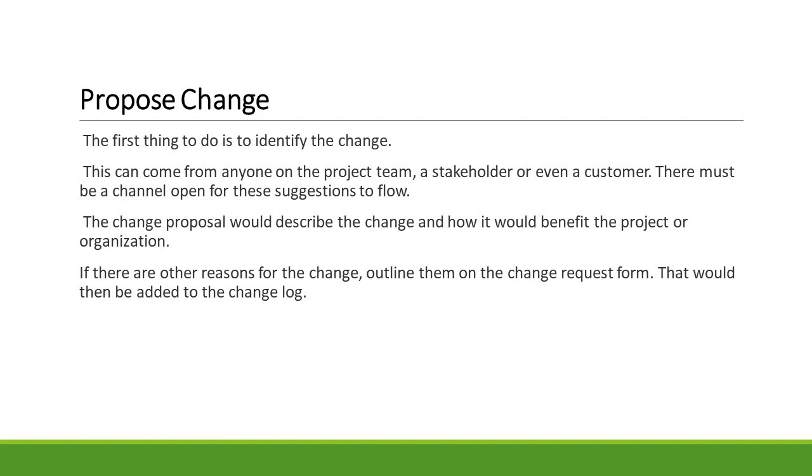3. Documentation. A detailed documentation of the proposed change request is created. This includes all relevant information, such as the reason for the change, the specific scope of alteration, and any potential impact it might have. 4. Stakeholder involvement. Stakeholders who are relevant to the change are engaged at this stage.